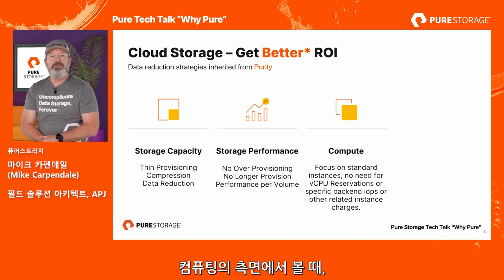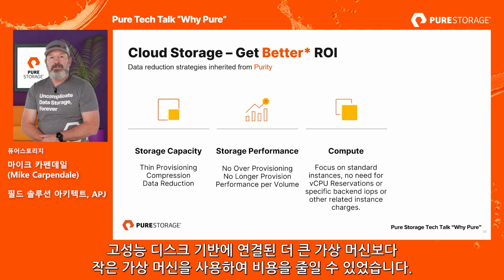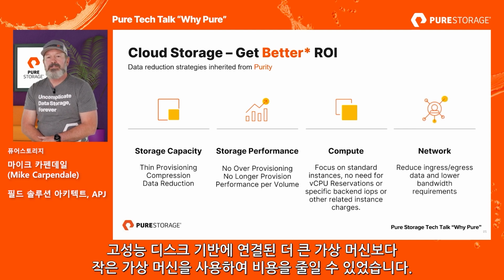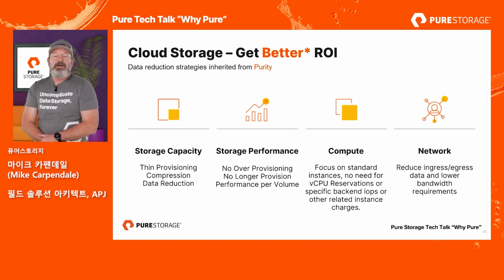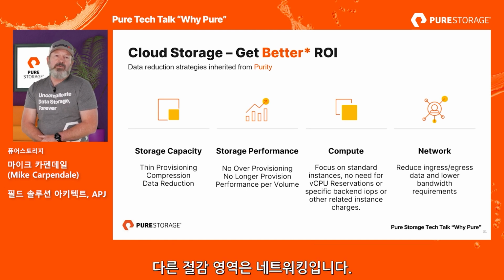So from the compute perspective, what we're able to do is to reduce and use smaller virtual machines rather than these bigger virtual machines that have to be attached to more high-performance disk as well. The other area is around the networking.